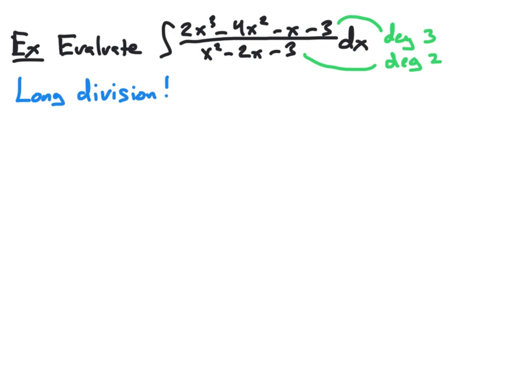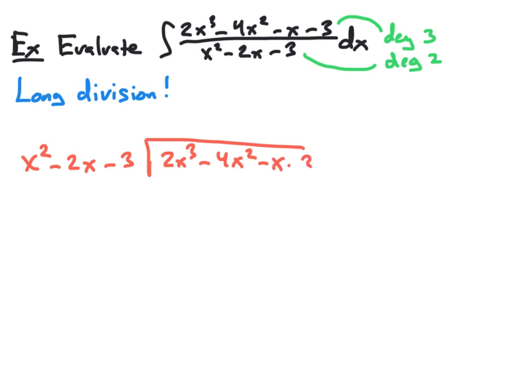So let's quickly recall how polynomial long division will work. Here our divisor polynomial is x squared minus 2x minus 3, and we're going to divide that into our dividend of 2x cubed minus 4x squared minus x minus 3. Our steps here are going to mimic that of standard long division that you learned in elementary school.